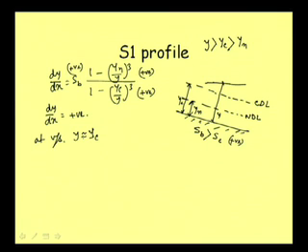Then the ratio yc by y will be equal to 1, and 1 minus 1 will become 0. When y meets yc, dy/dx is becoming infinity.